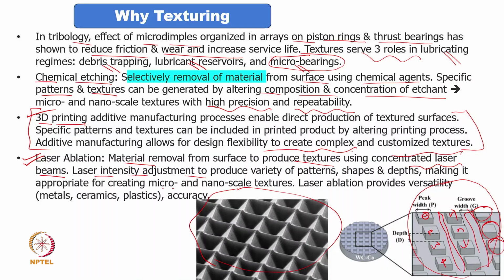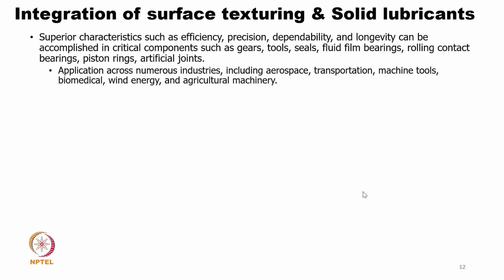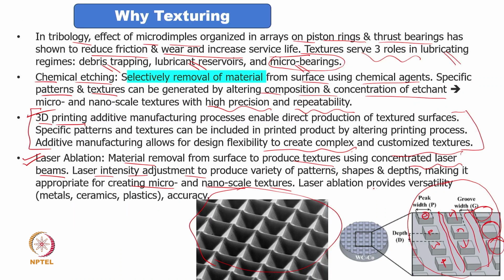If the depth is small, we need to reduce the power to create a micro and nano scale texture. This method can be utilized for several materials. So that's why we say that laser ablation is the most popular method and widely used for laser texturing purposes. However, it's costly also.